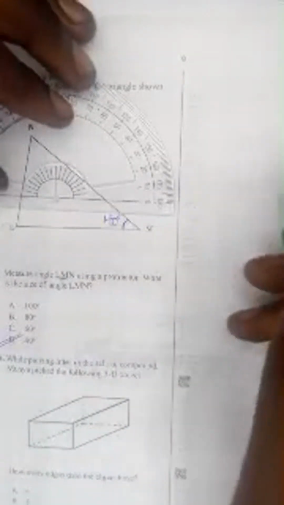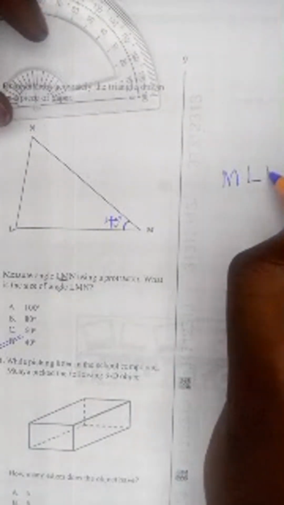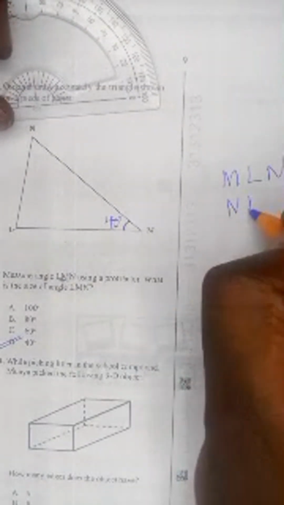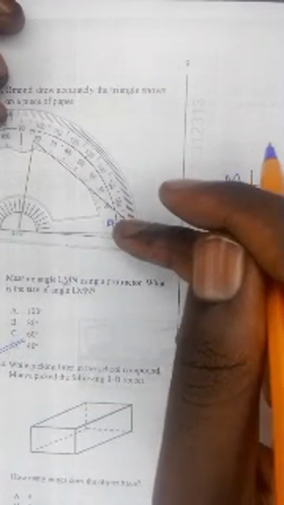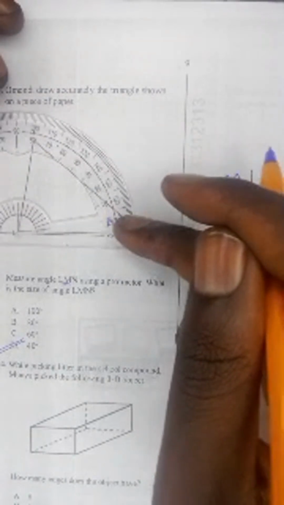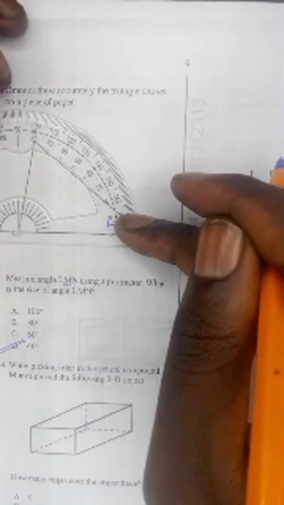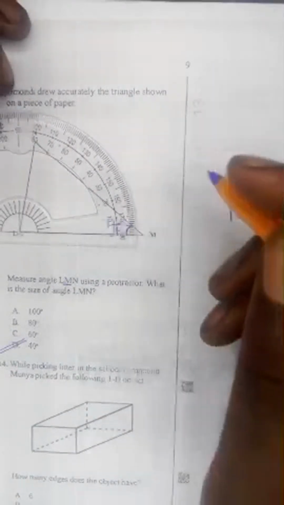What if they had asked for angle L? To ask for angle L, they can say maybe L, M, L, N, or N, L, M, provided that L is the one in the middle. That is how you'll measure angle L. You'll put your protractor this way. You can even adjust, no problem.